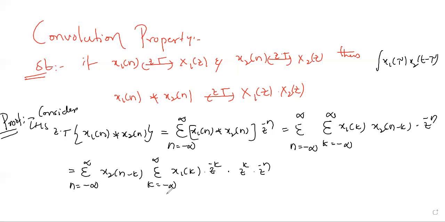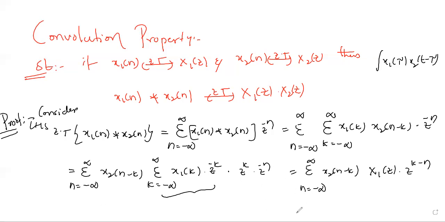Now tell me what is this? This is of the form x1 of k into Z power minus k summed over k, which is X1 of Z. So we can write it as summation n equal to minus infinity to infinity x2 of n minus k into X1 of Z into Z power k minus n. Isn't it? Z power k minus n.